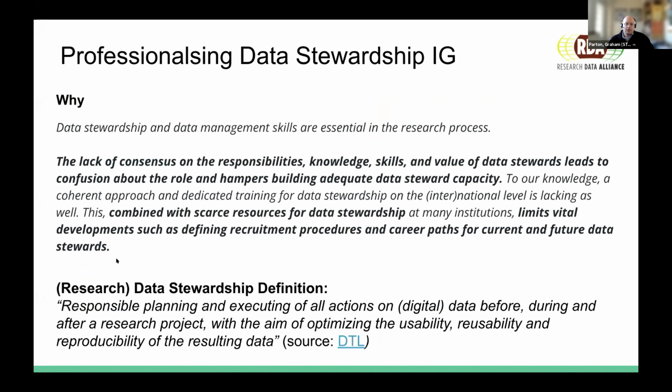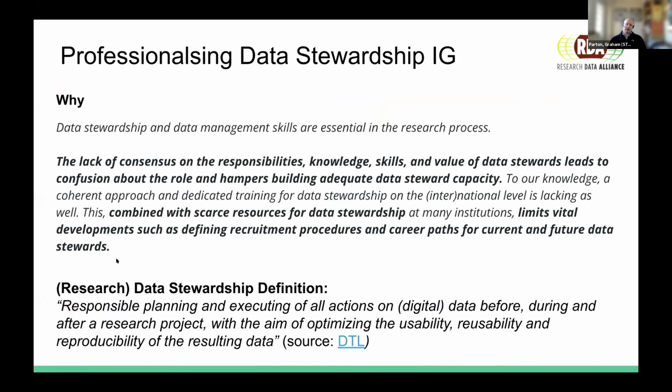So, a quick look at where we are today. Professionalising Data Stewardship was formulated around addressing some particular problems that we were encountering.